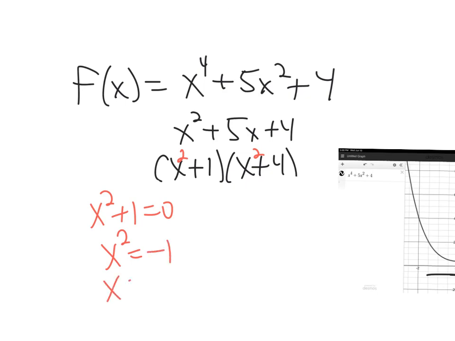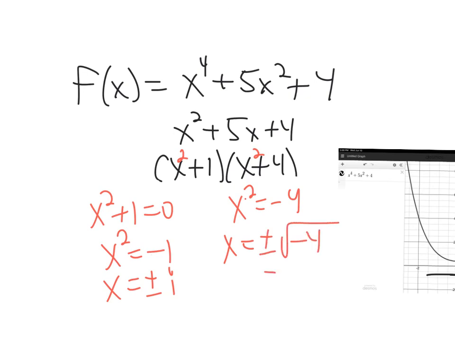So x equals plus or minus the square root of -1, which is i. And this is x squared equals -4. So x equals plus or minus the square root of -4, right? Which is going to be plus or minus 2i.